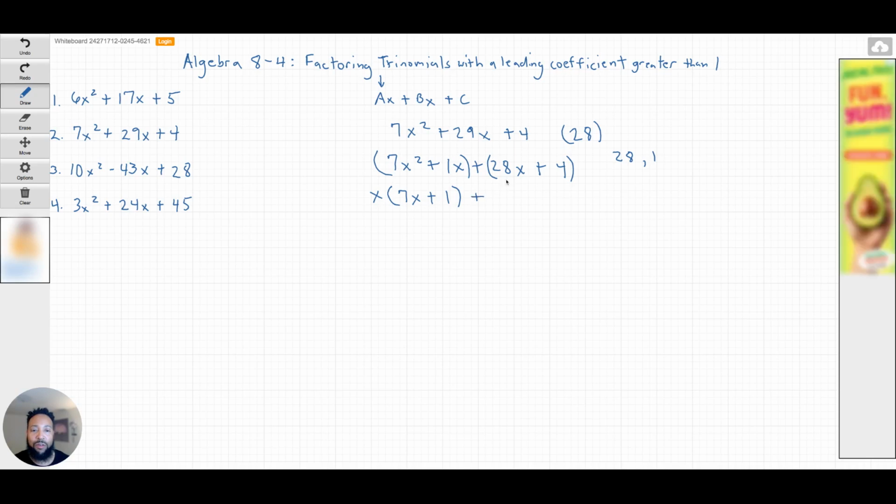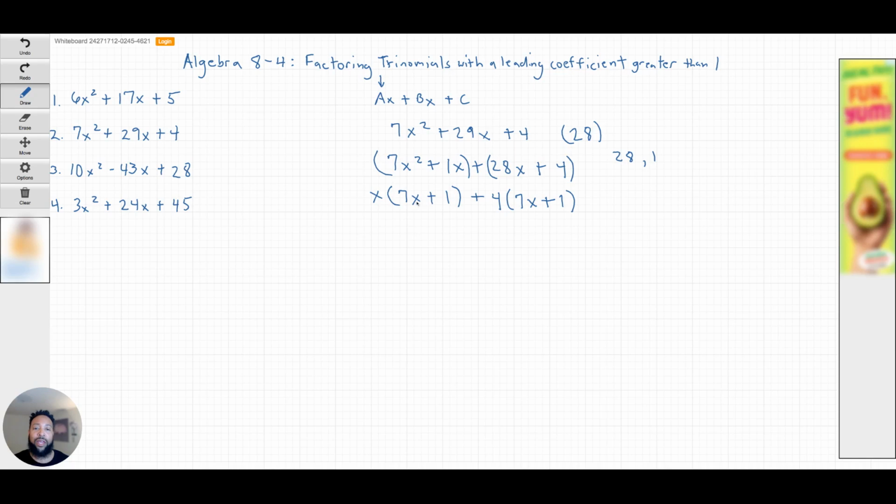So over here, let's look at what we can pull out. It looks like we can pull out a 4 from each side. We can pull out a 4 from the 28 and a 4 from the 4 and see what we have left. So if we pull out a 4 from 28x, that'll leave us with 7x. And then we pull out a 4 from the 4, that'll leave us with 1.